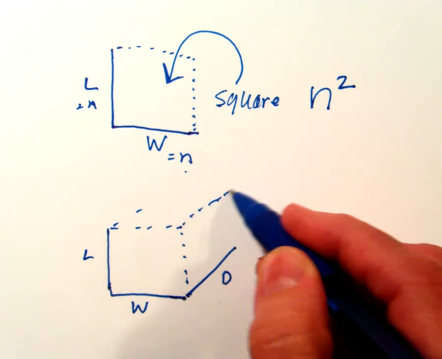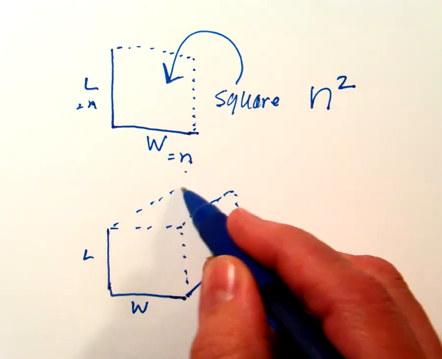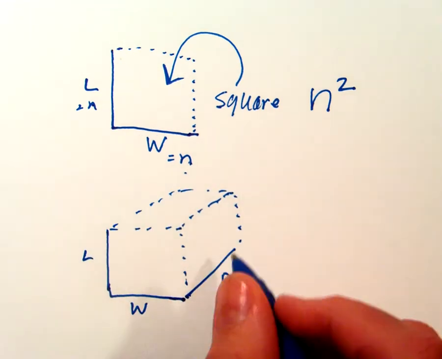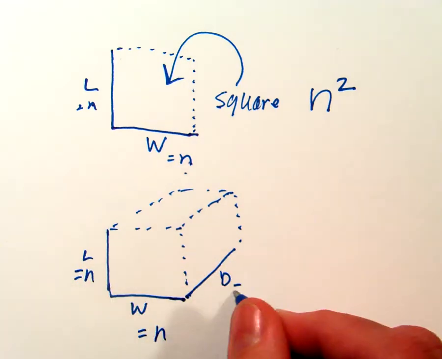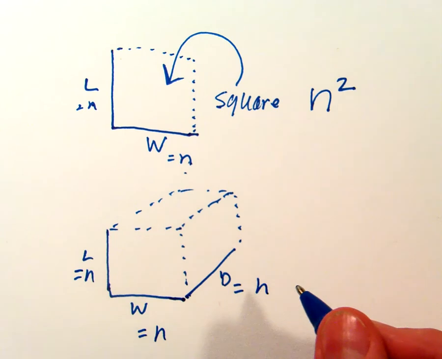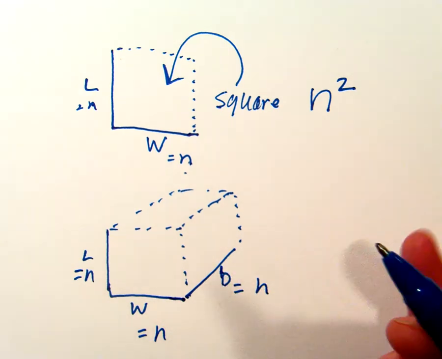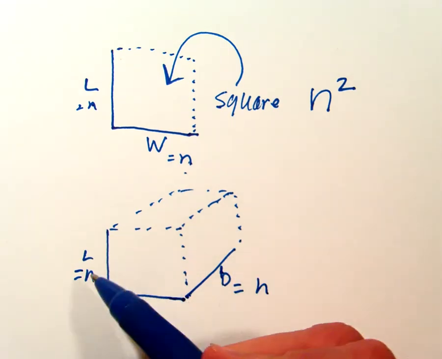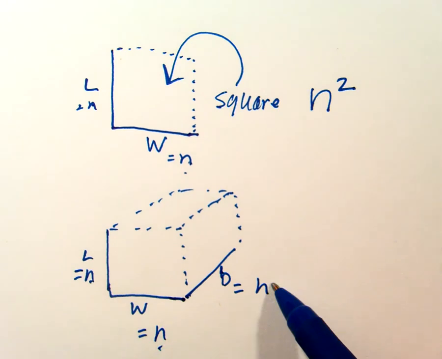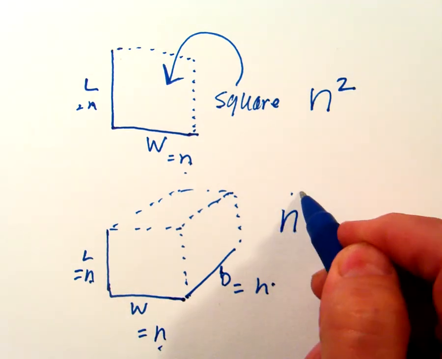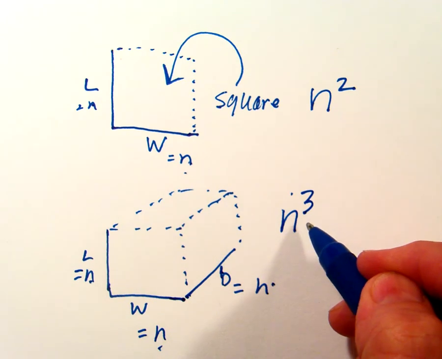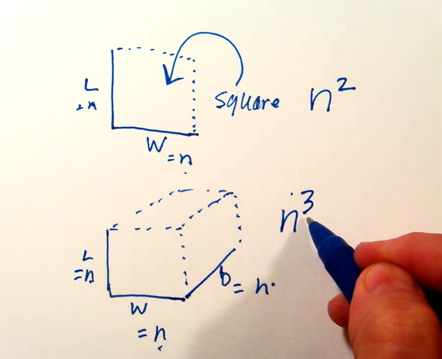So if the length is n, and the width is n, and the depth is n, then how do I find the volume? Since it's 3 dimensions, it's volume. N times n times n, and n times n times n is n cubed, into the third power.